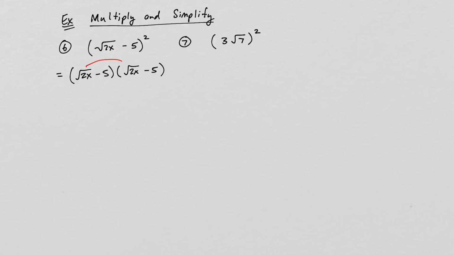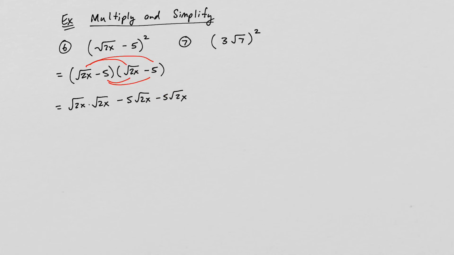So when you multiply these, you get square root of 2x times square root of 2x, and then minus 5 times the square root of 2x. That's this one times this one. And then you get minus 5 times square root of 2x again.